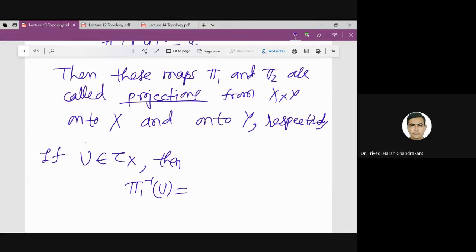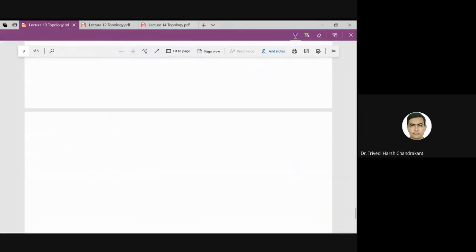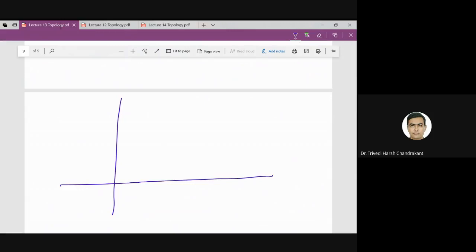So for example, we can draw the diagram also. If I have the R² plane, this is my x-axis, this is my y-axis, and let me take this open set as my U. Then what will be pi one inverse of U? That means what points in X cross Y can I project onto U. Can I project this element?